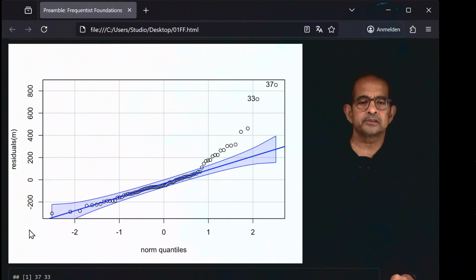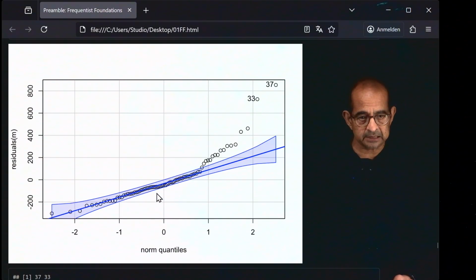I'm just demonstrating that you could extract the residuals from that model and compare them to a standard normal distribution. If the residuals in your model are approximately normal, then you would see the quantiles of the standard normal distribution aligning perfectly with the quantiles of the residuals in your data. And so this line would be diagonal across this range.